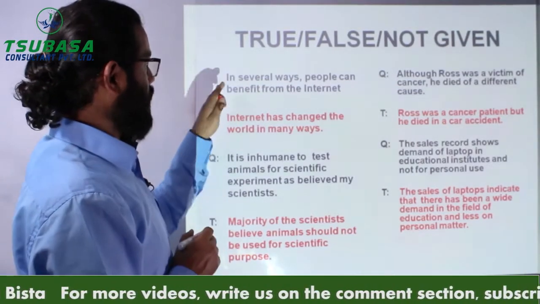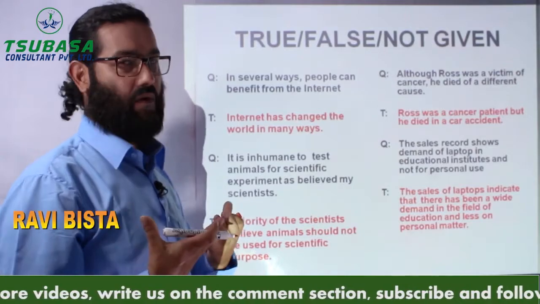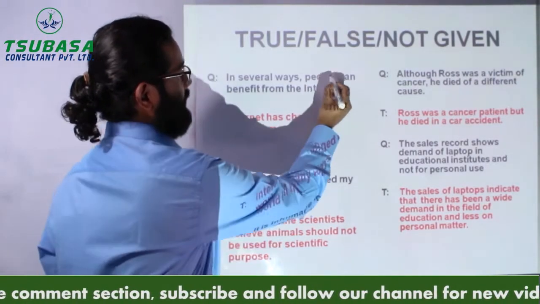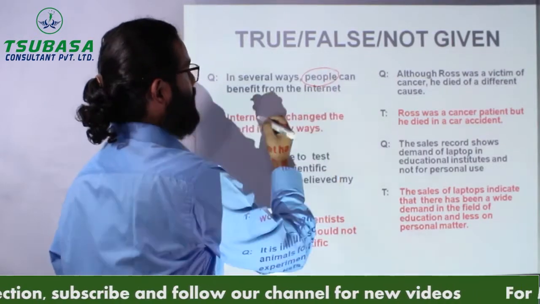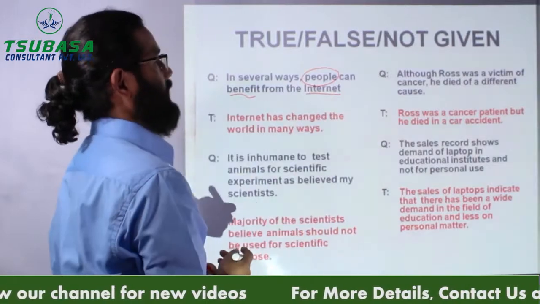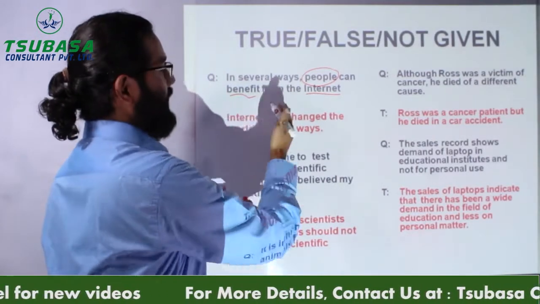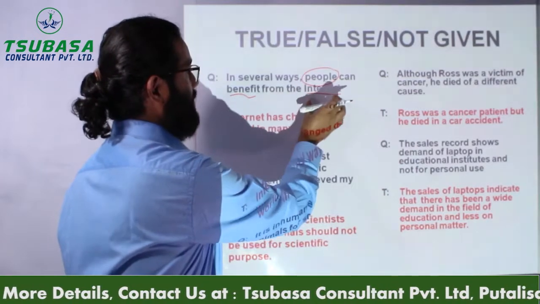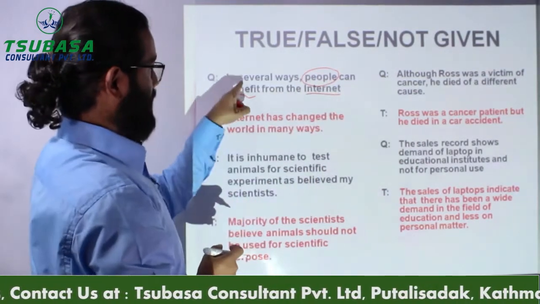What is the meaning? People benefit from internet, in several ways. So the core meaning is that people benefit from internet in several ways.